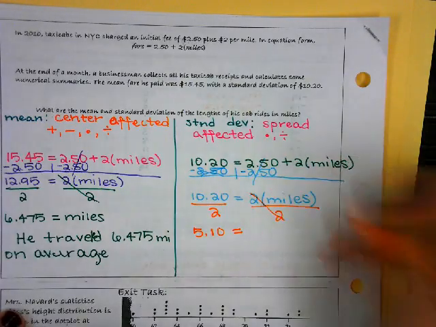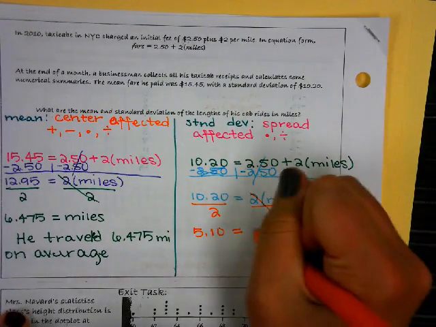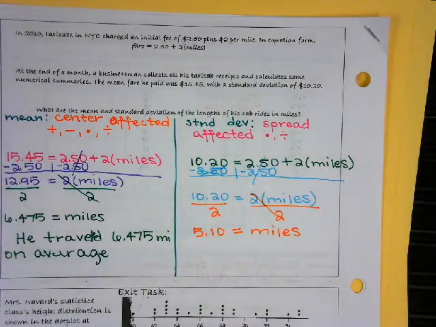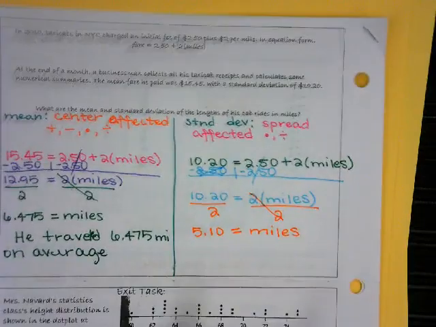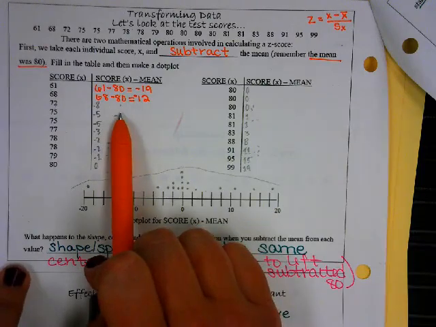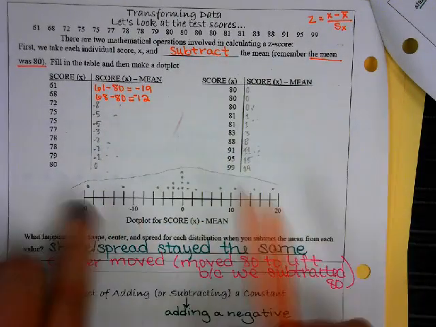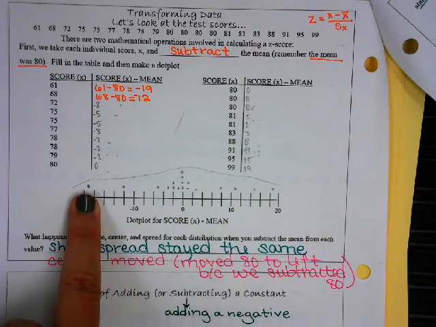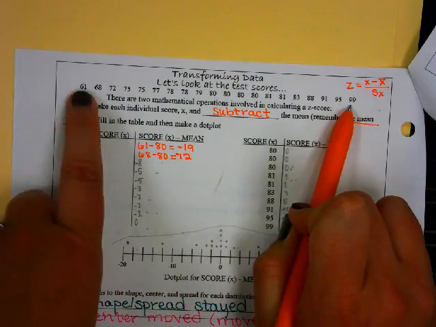So, Sam, when we subtracted the mean score here on this first example, our measure of spread, the range, stayed the same. So it was 38 from the original data, 99 minus 61 is 38. When I subtracted the mean, my lowest became negative 19 and my highest became 19.